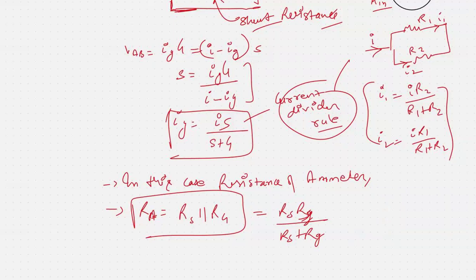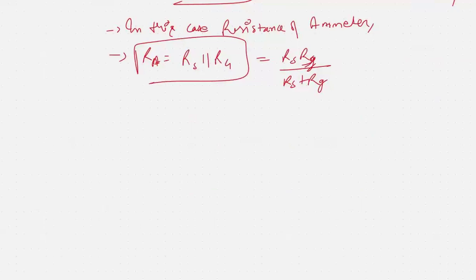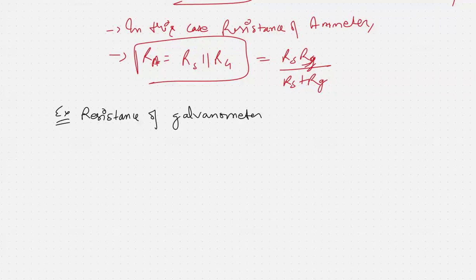All right, Krishna. I'm just giving you one problem. Please look into it. This is an example. The resistance of the galvanometer coil is 90 ohms.